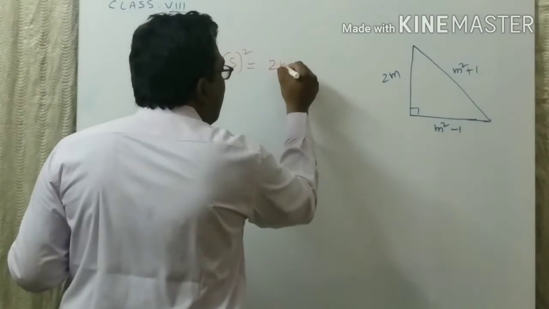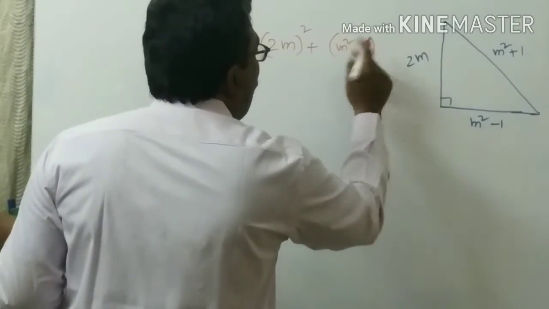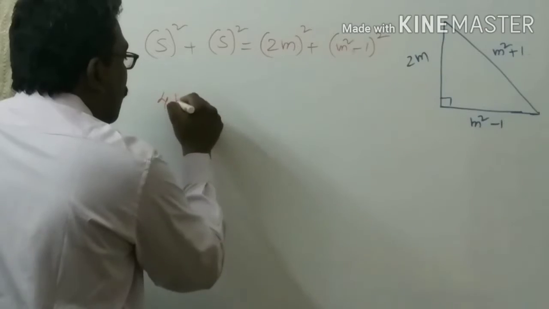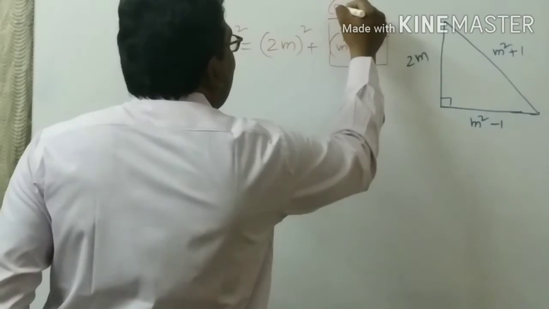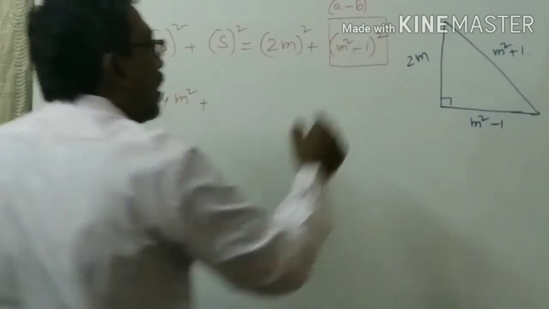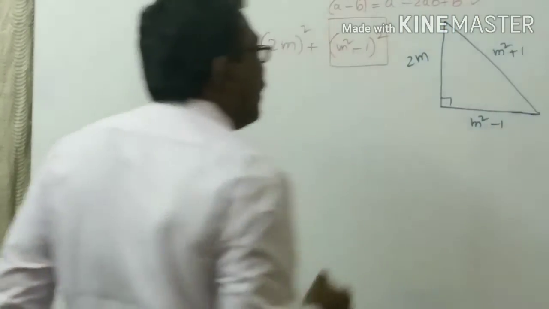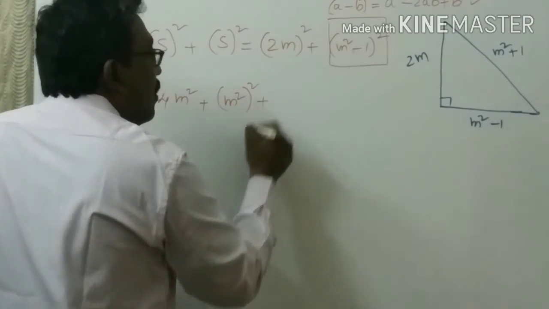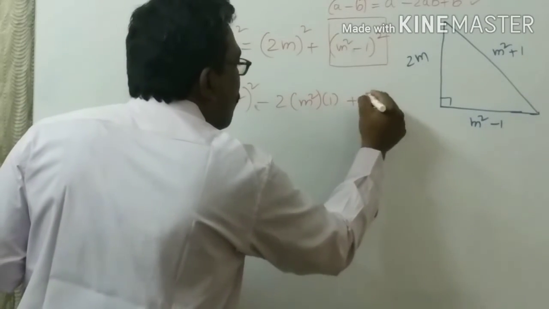One side is 2m, the other side is m square minus 1 whole square. 2m whole square is 4m square. Now m square minus 1 whole square is in the form a minus b whole square, and the formula is a square minus 2ab plus b square. Very good. Now substitute a square minus 2ab plus b square.